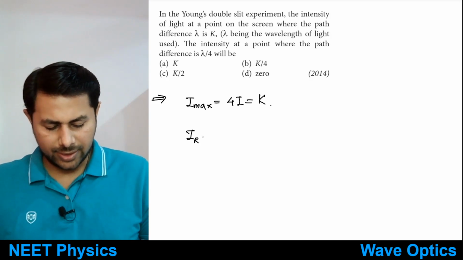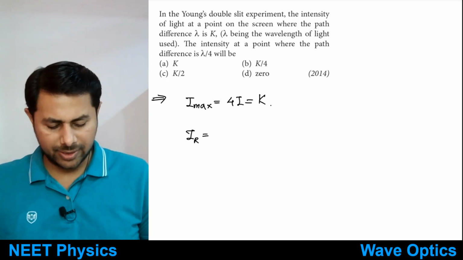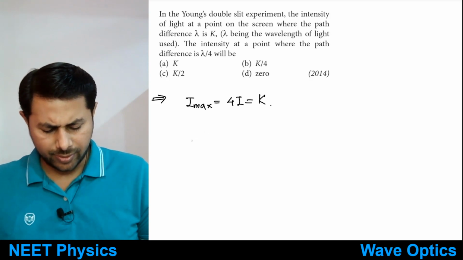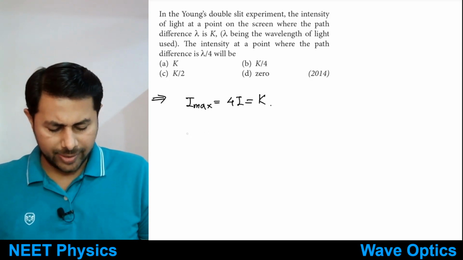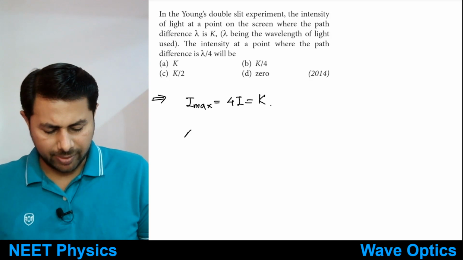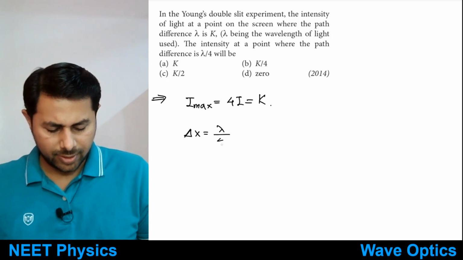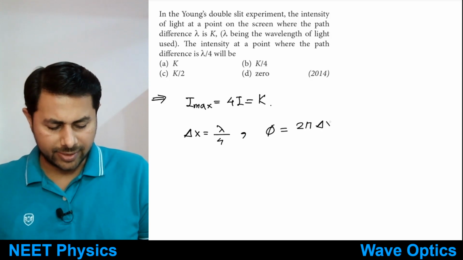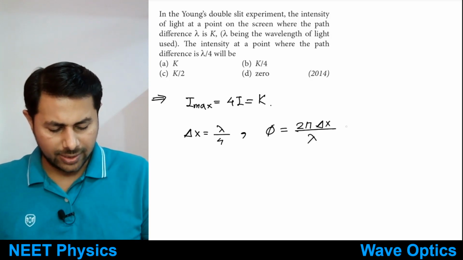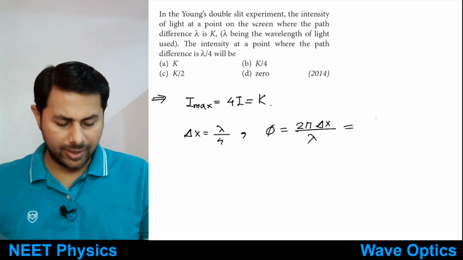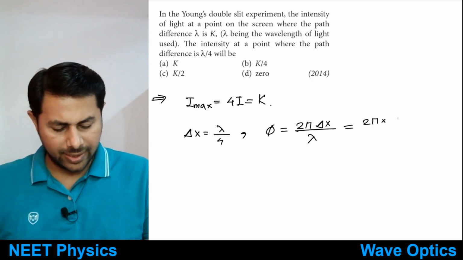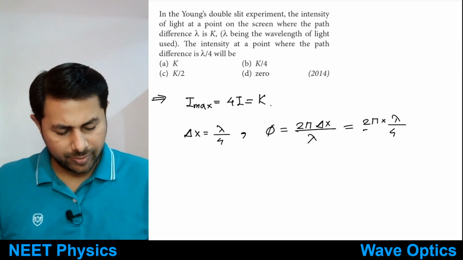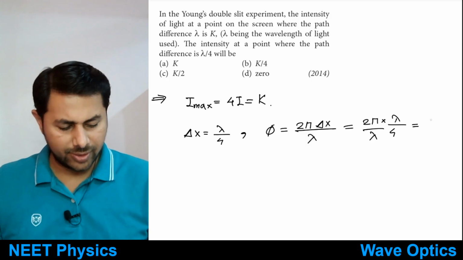So resultant intensity here, where the path difference is lambda by 4, delta x is lambda by 4, means phase difference phi is equal to what? 2 pi delta x by lambda, and that is equal to 2 pi times lambda by 4 divided by lambda, so that gives pi by 2.